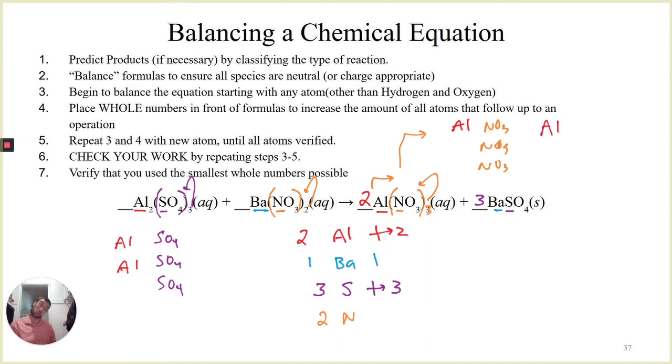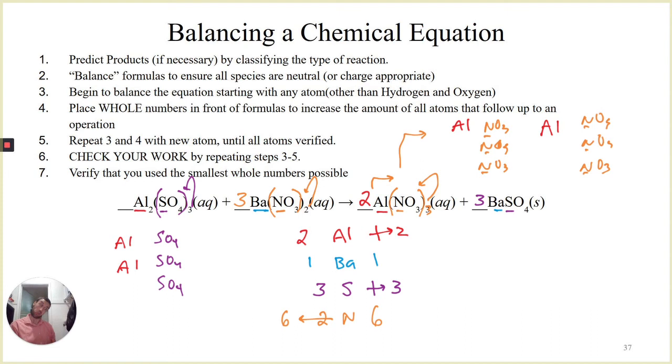Well, Al(NO3), (NO3), (NO3). Okay, all of that information is stashed in there, which means now when I look at my nitrogen, 1, 2, 3, 4, 5, 6. I have 6 nitrogens. My nitrogen is way unbalanced. Okay, so to fix that, I need to go back to the reactant side. For that to become a 6, I would need to multiply by 3. I can put my 3 there. Okay.